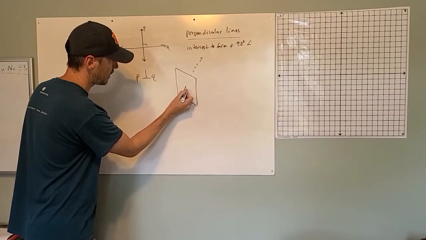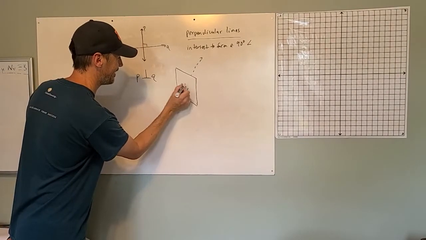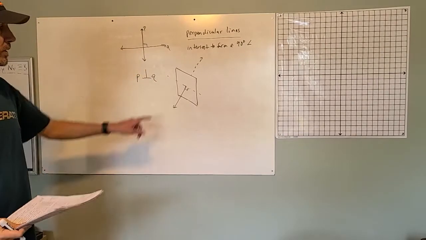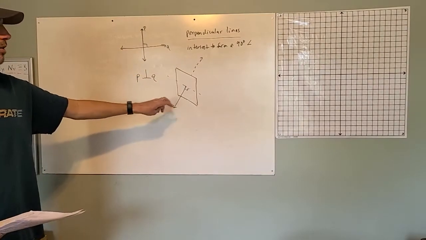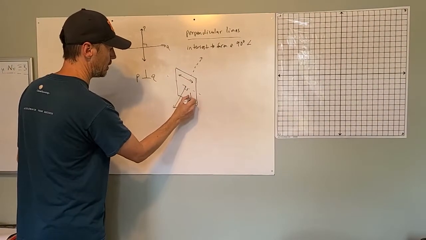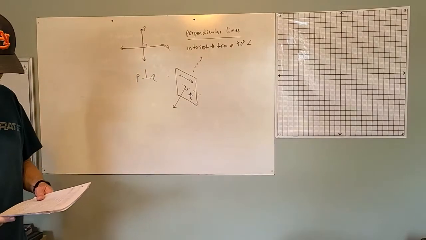I don't even know how to really draw that. Yeah, that's right, it's hard to do. So if we know that that line is perpendicular to the plane, then we know that any line that's in this plane, this line is also perpendicular to it. That's all that statement's saying.